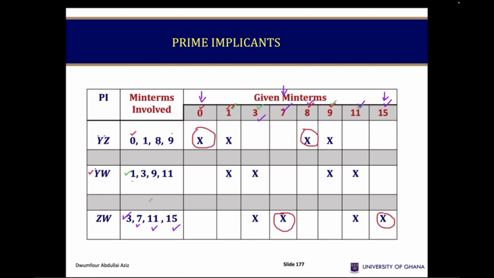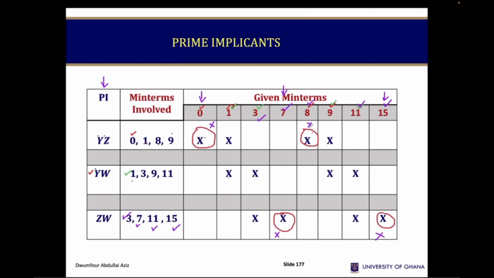Now, take the columns that have the one matches: this guy, this guy, this guy, and this guy. Which of our prime implicants correspond to these matches? Which prime implicant corresponds to this and this?